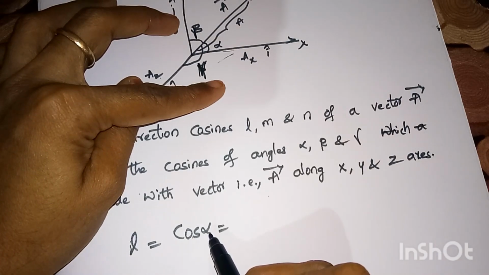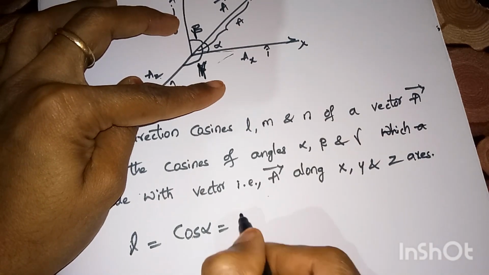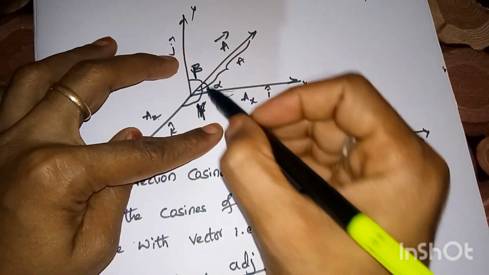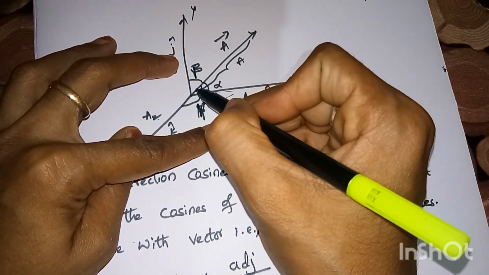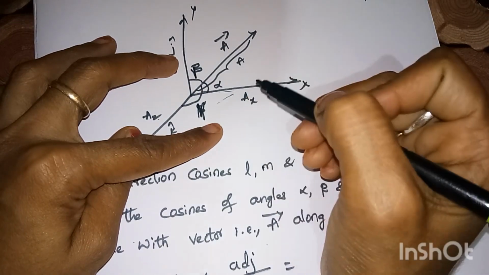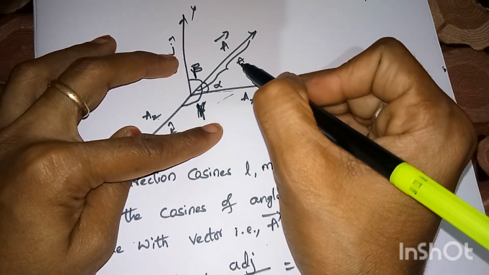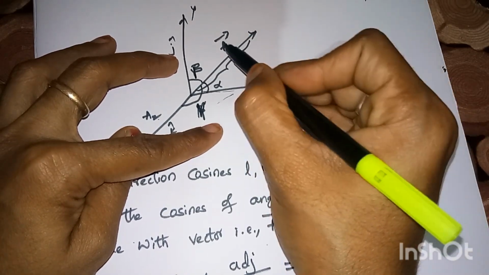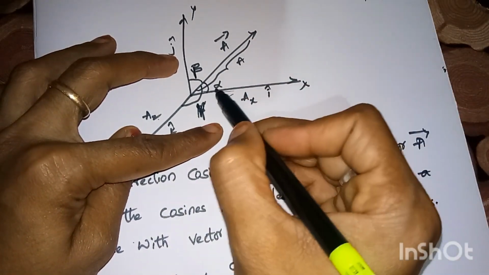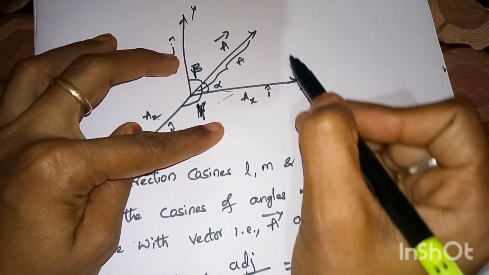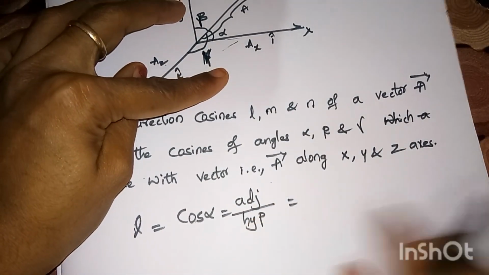You know that cos alpha means adjacent by hypotenuse. This is the vector A bar and its magnitude is considered as A. I said in the previous class that the magnitude is considered as A, and magnitude and direction together as A bar.